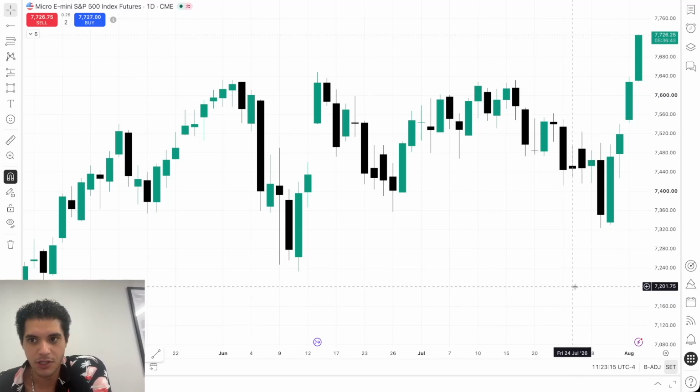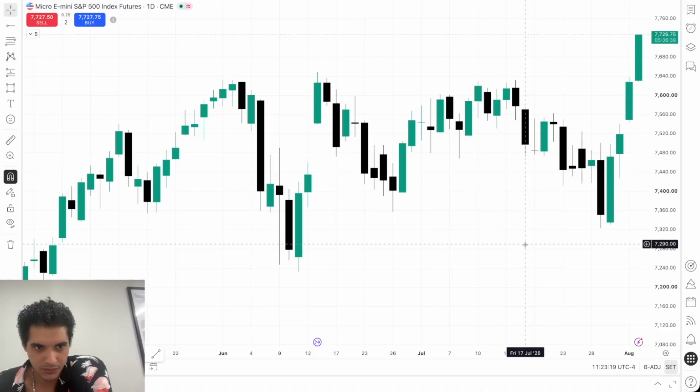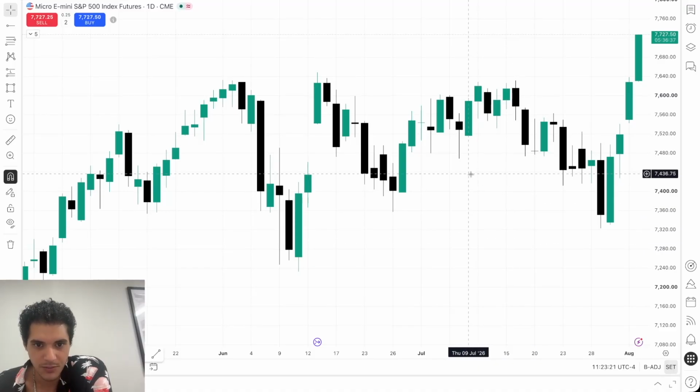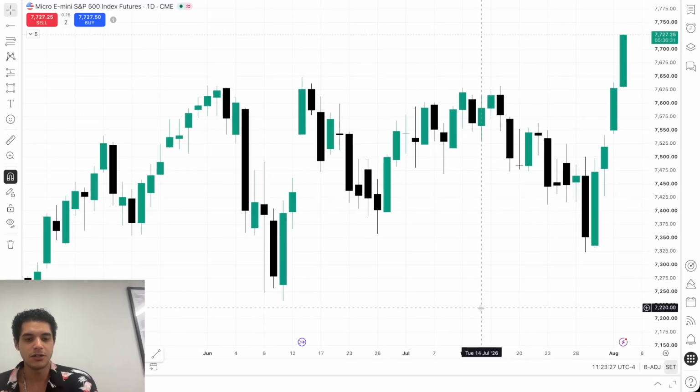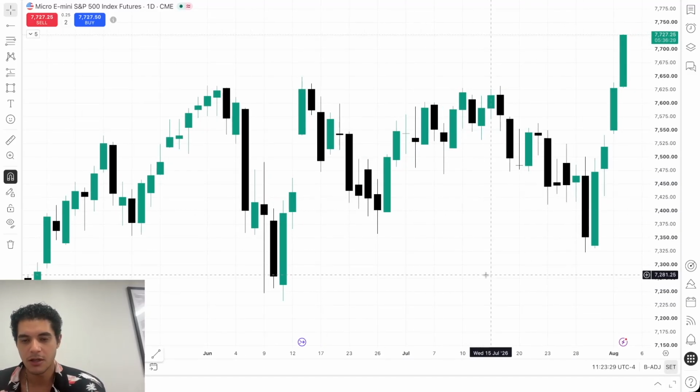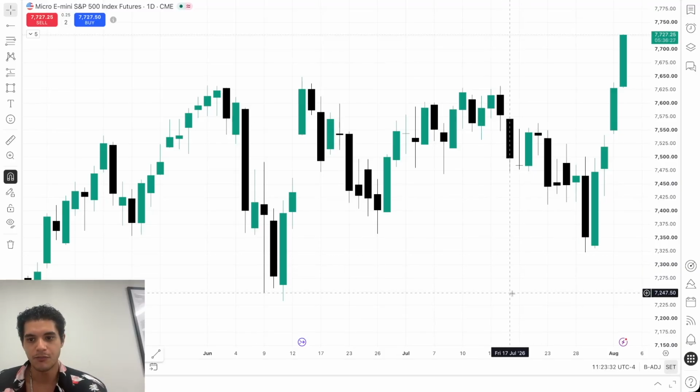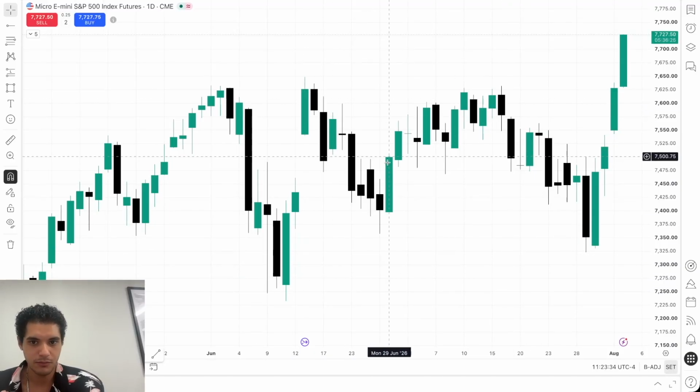Obviously the market's already in business, so that's 11:23. But I'm showing you this because you'll be able to see trades before they take place and get yourself on the right side of the market a lot more frequently if you just look at price action the way it's presented here.